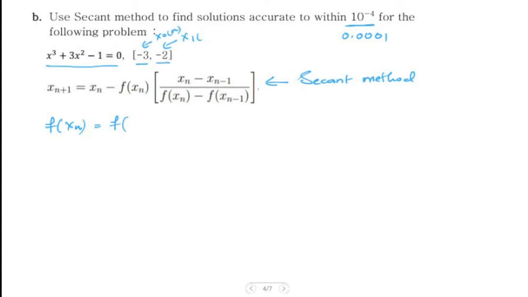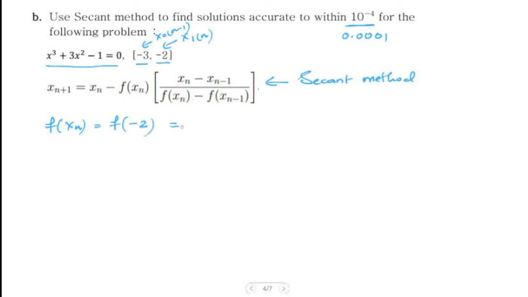So here we have xn minus 1 and here we have xn. Now we are supposed to find f of xn, which for us is x1, minus 2.